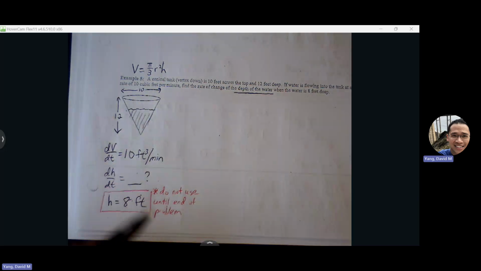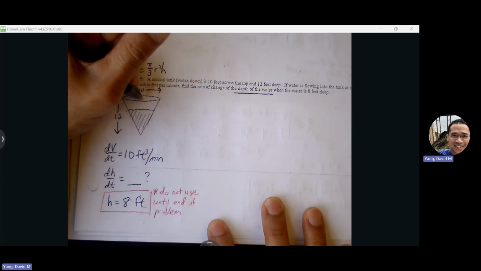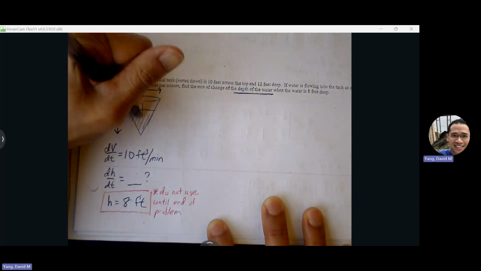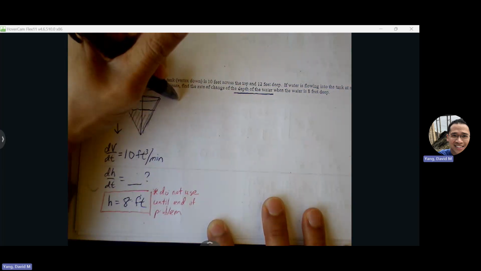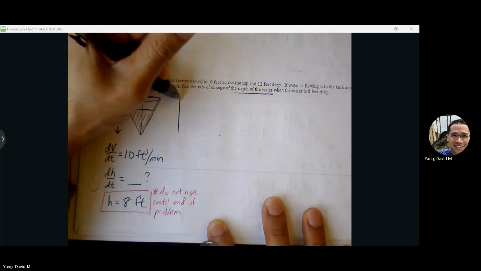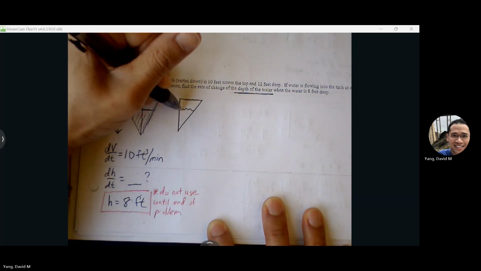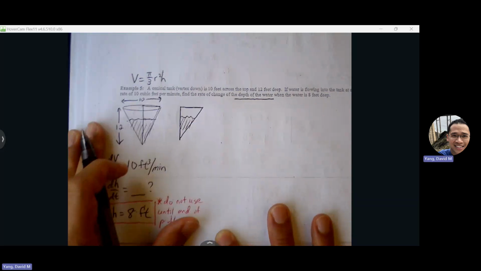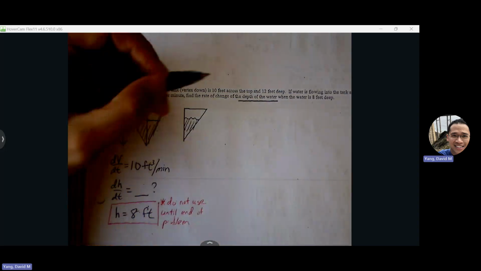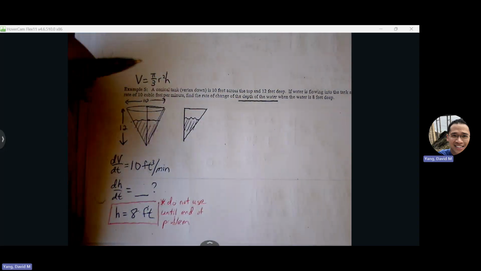But to do that, we need to be able to create a relationship between the radius and the height. So what we're going to do is think of this as a similar triangle. If we just look at this portion of the diagram, we're just going to label our parts.